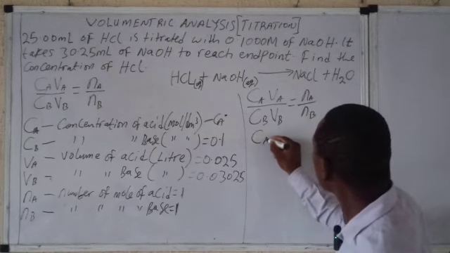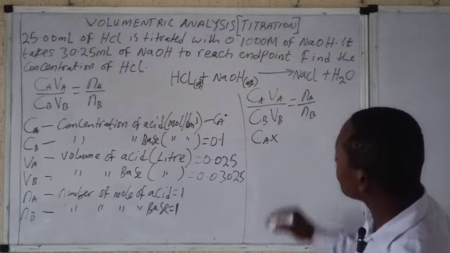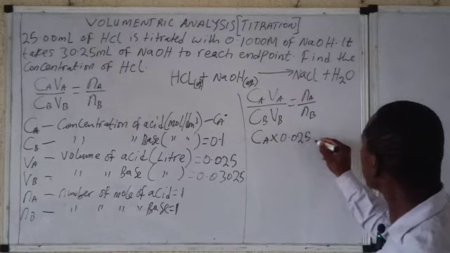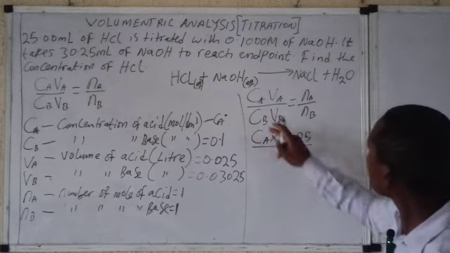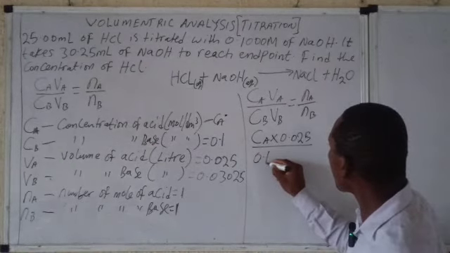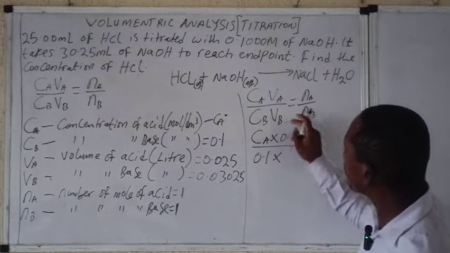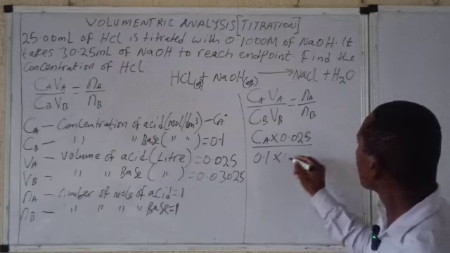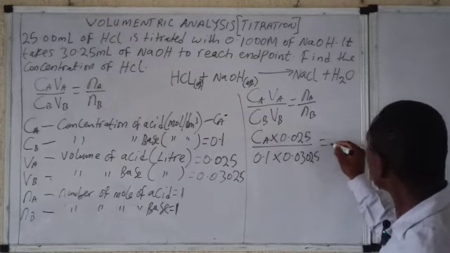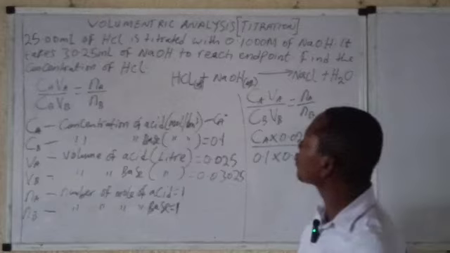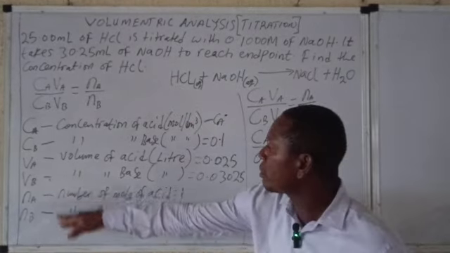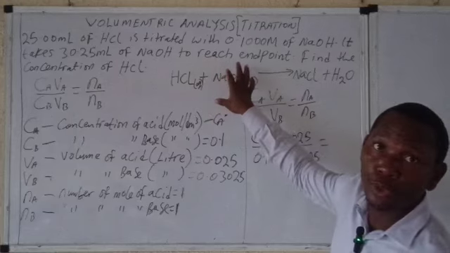We don't know. Times Va, which is 0.025. What is Cb? Here, 0.1 times Vb, which you have here, 0.03025. Now, from the equation, I told you that you get this from the mole ratio.